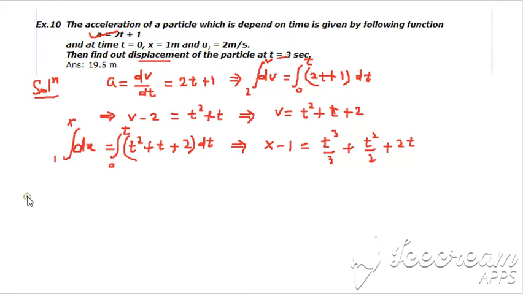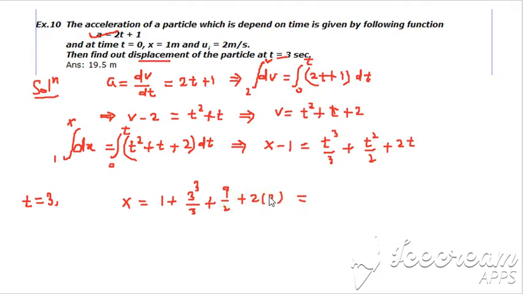So when t equal to 3, if we substitute it in this, x will come up as 1 plus 3 cube divided by 3 plus 3 square by 2, which is 9 by 2, plus 2 into 3.